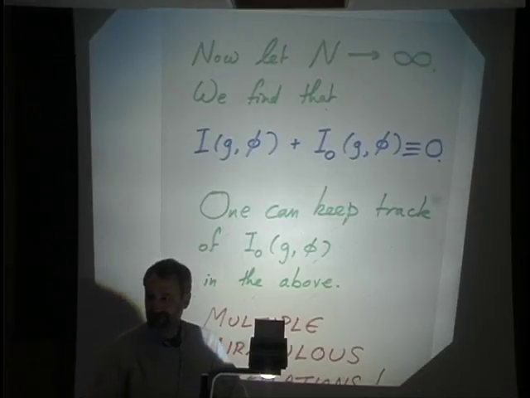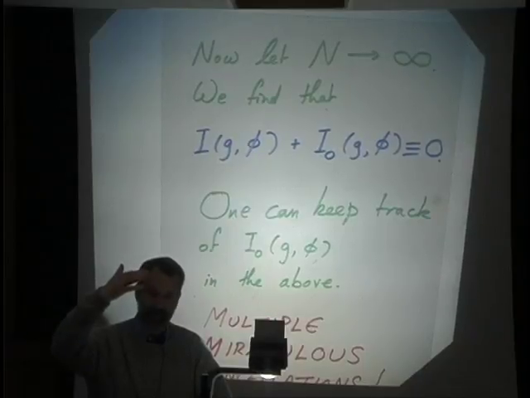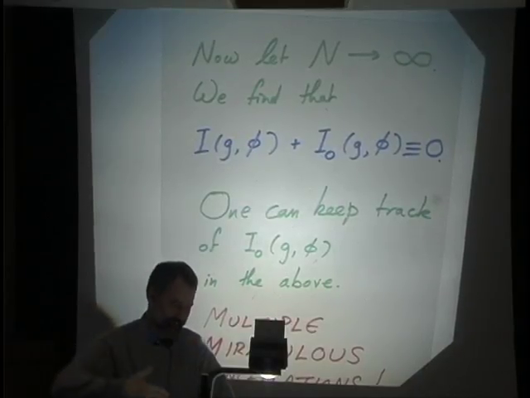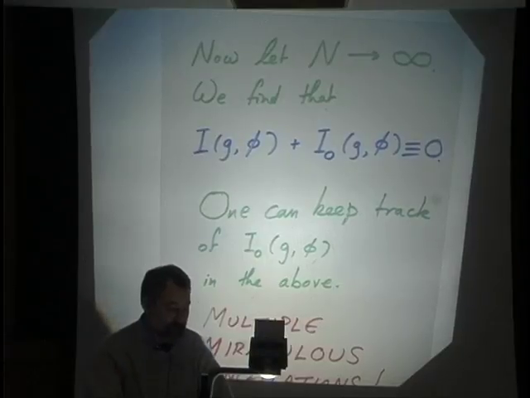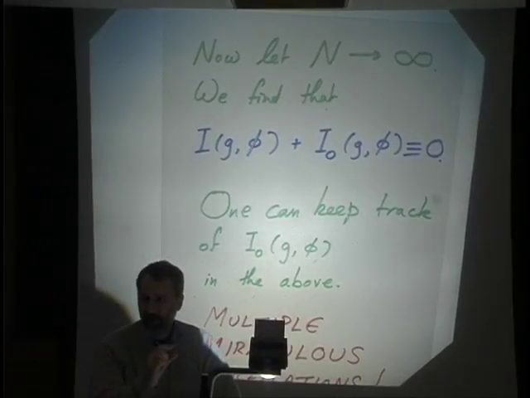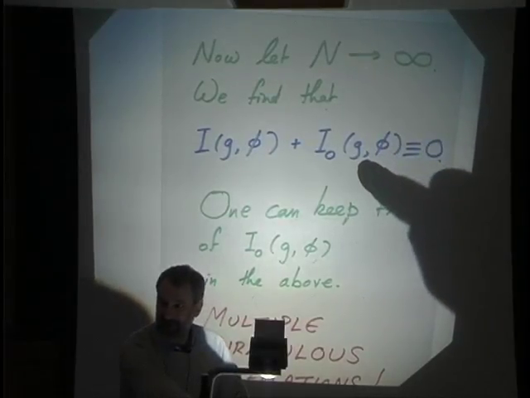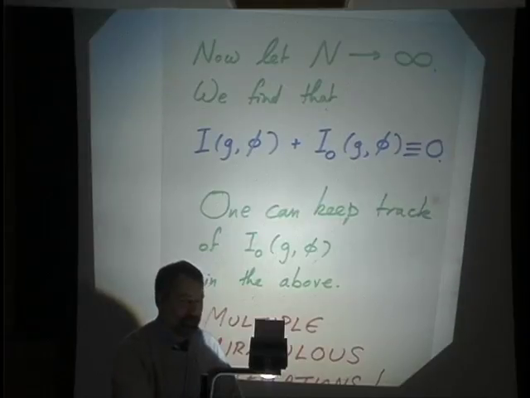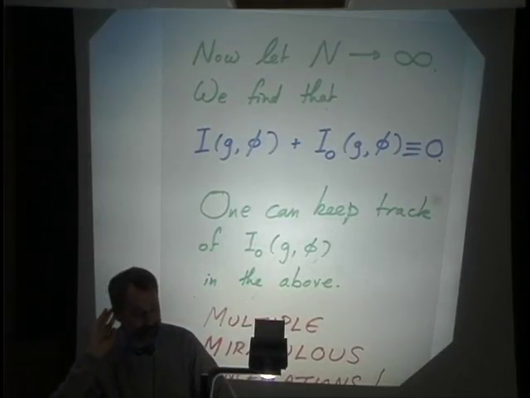Now, if you think about the last n slides, it's very hard to keep track of that whole procedure. There's no way. It's too complicated. But if you know that this is what you're after, you can look at every stage and ask which terms might possibly lead to something that survives when capital N goes to 0?